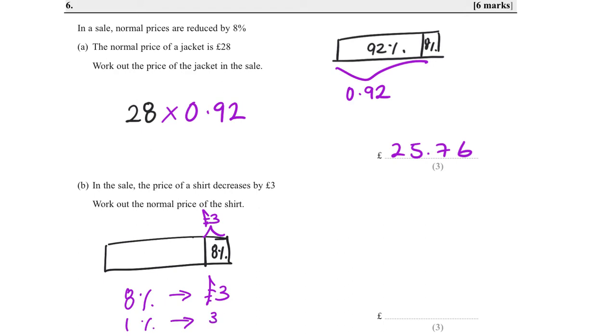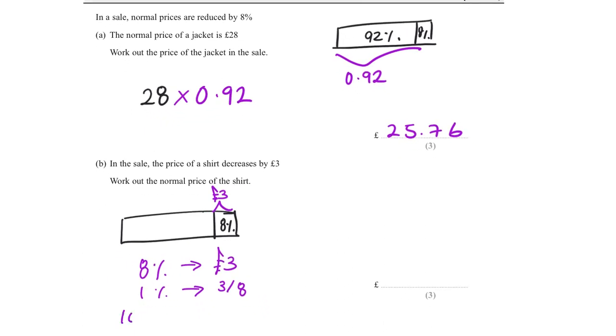And then to find 100%, we multiply by 100. So I get 37.5, and because we're dealing with money, £37.50, because money's always 2 decimal places.